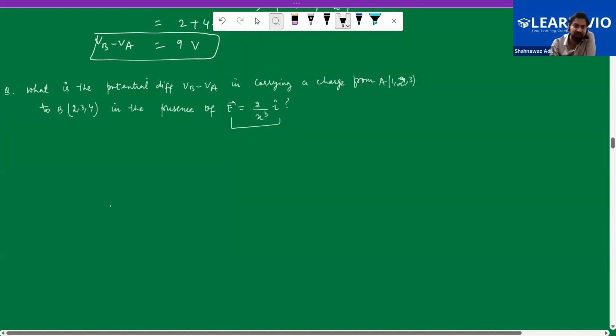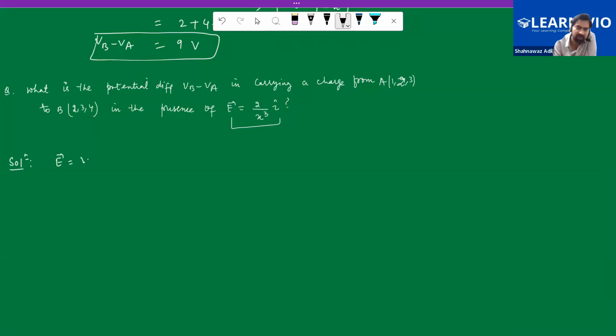We have an electric field which is variable, so E is variable. It is 2 by x cube i hat.